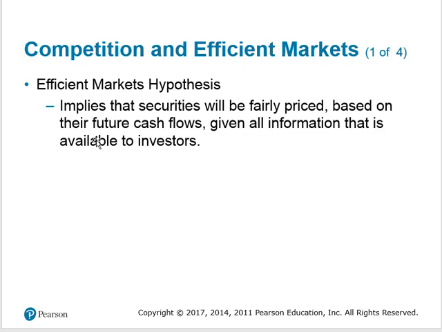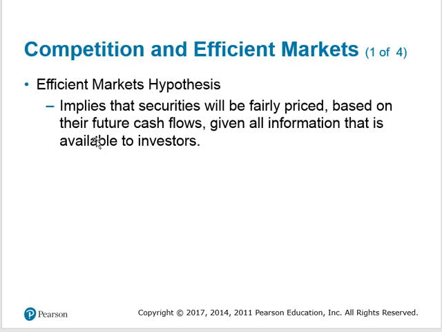The theory that we want to talk about here is something called the efficient markets hypothesis. Essentially, it implies that securities are fairly priced based on their future cash flows, given all the information that's available to investors. And really, that's the key here. How much information is known about a company?